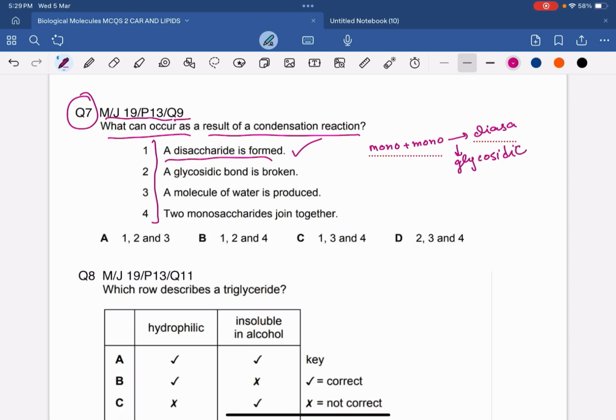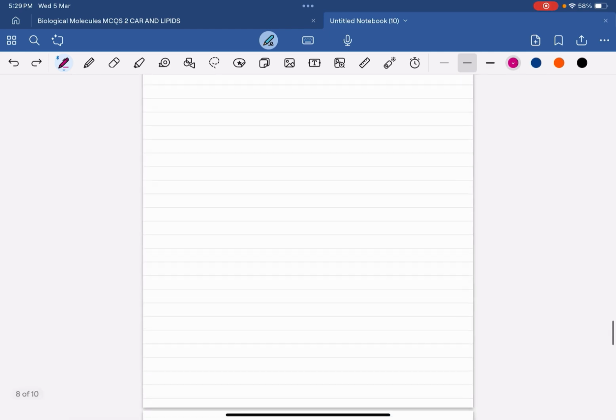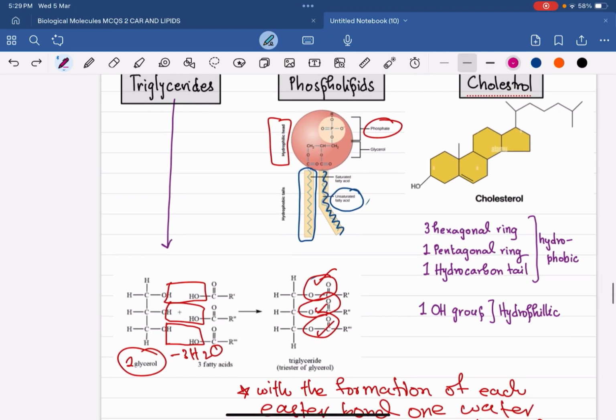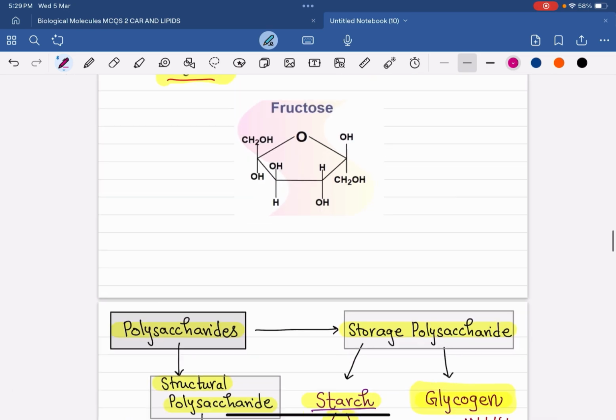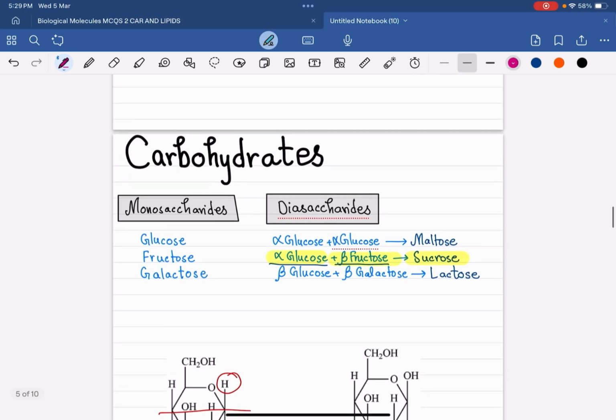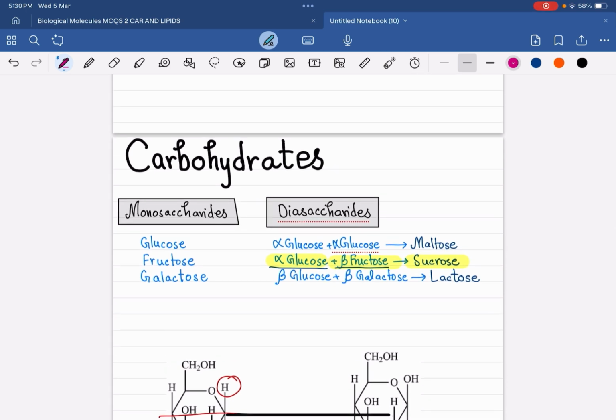Like in the formation of the triglyceride, one glycerol molecule and 3 fatty acid molecules were combined together to form the triglyceride. Similarly, 2 monosaccharides also combine together to form the disaccharide, which basically gives the glycosidic bond.